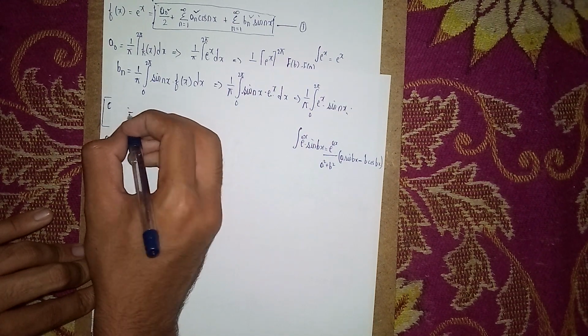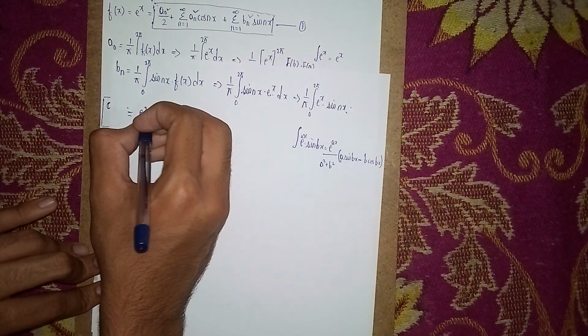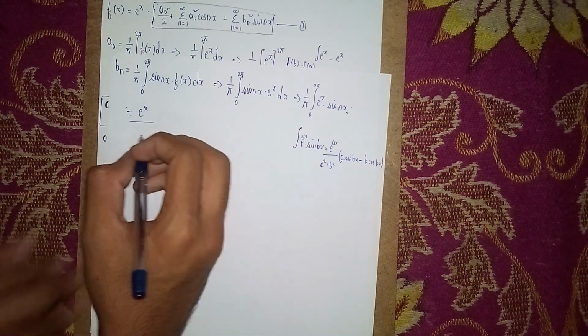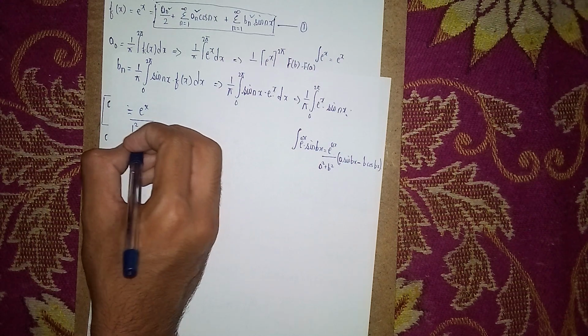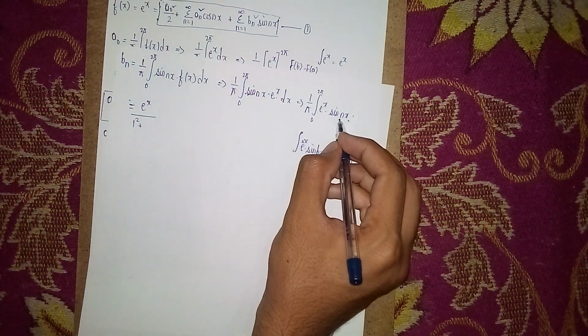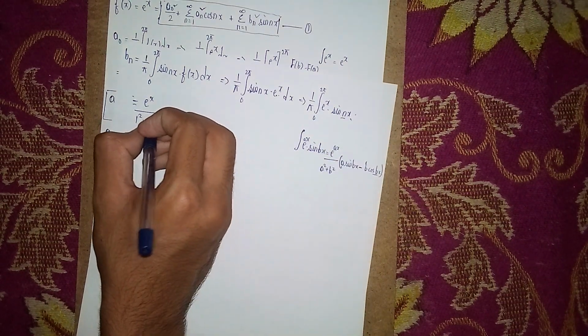So it becomes e power x by a square plus b square. a is nothing given, so we can consider 1. So 1 square plus b square, b is n, so n square.